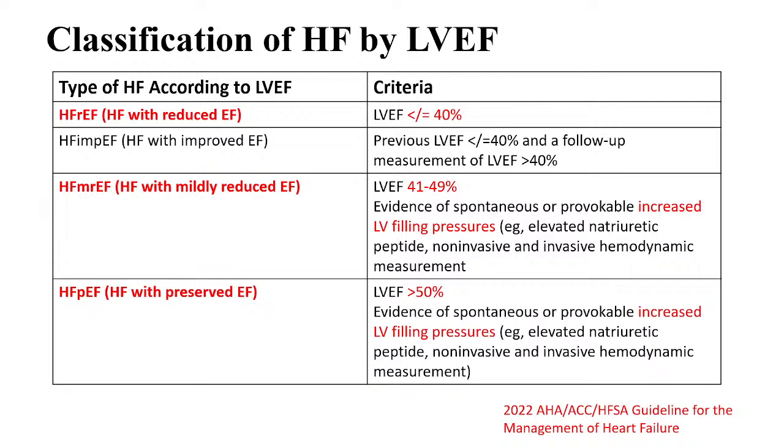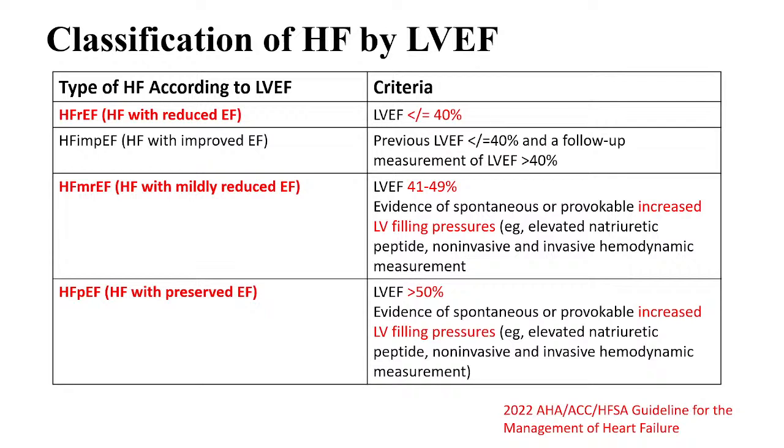Okay. So the first one would be heart failure with reduced ejection fraction. In that, the ejection fraction will be less than 40%. Then we have heart failure with mildly reduced ejection fraction, in which the ejection fraction will be around 41 to 49%, with evidence of increased left ventricular filling pressure as seen by a rise in the natriuretic peptide levels or through invasive monitoring.